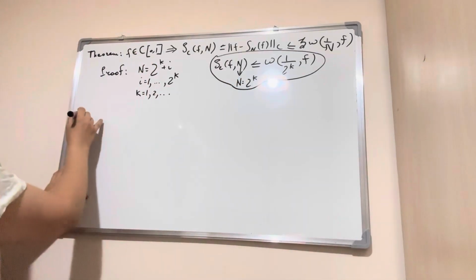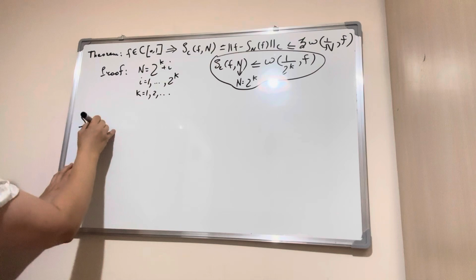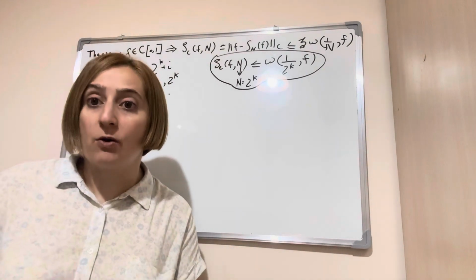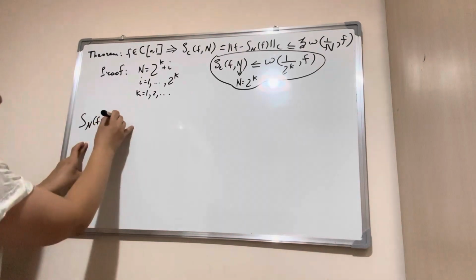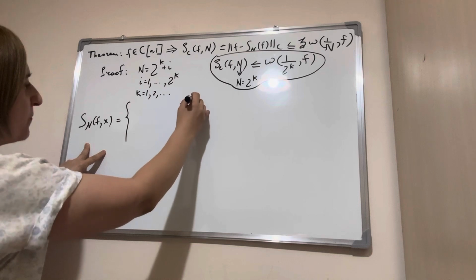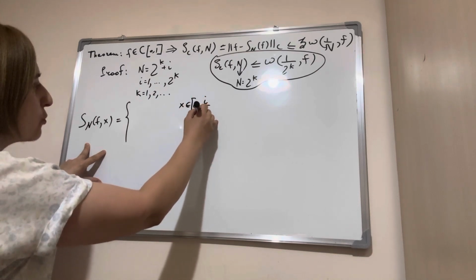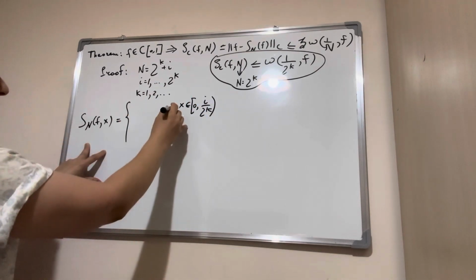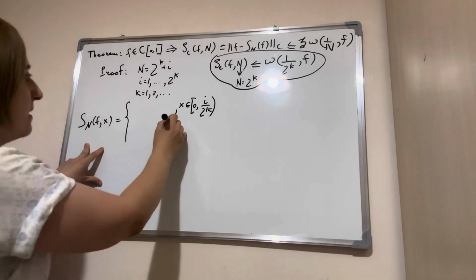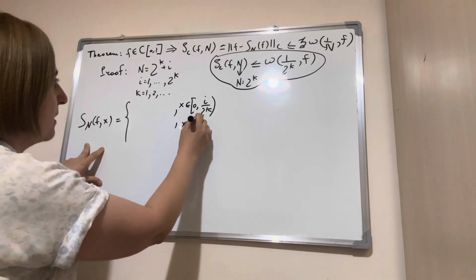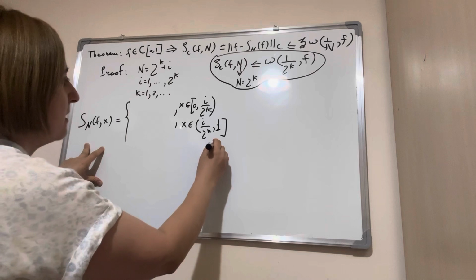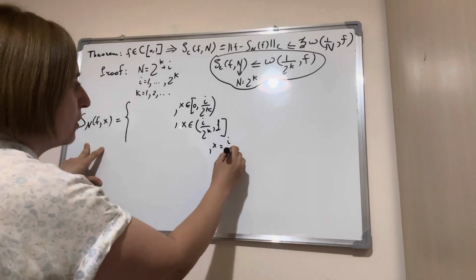First of all, let's find out what is the form of the nth partial sum of the Fourier-Haar series dependent on the location of x. If x is from 0 to i over 2^k, let's find out the form of S_n, and then the form when x is from i over 2^k to 1, and finally when x equals i over 2^k.